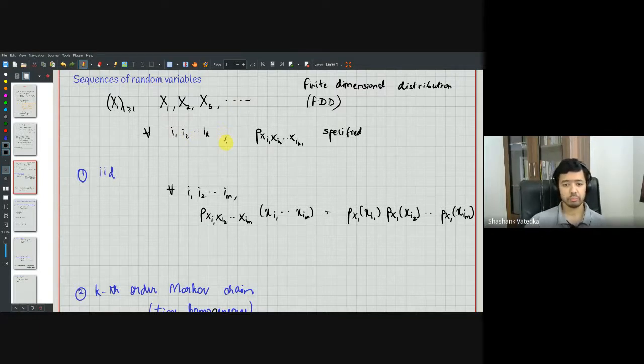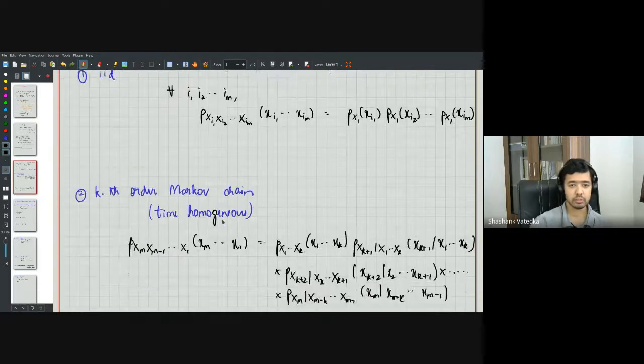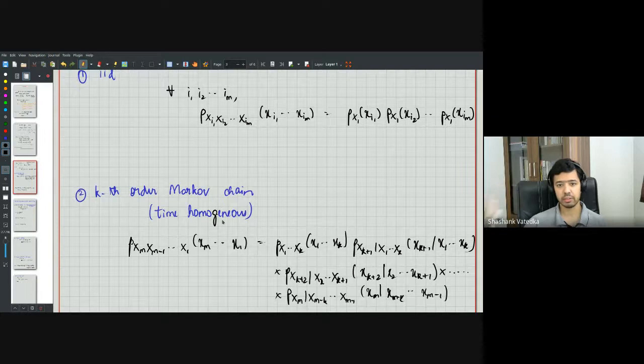Okay, and in particular, if you take any finite set of random variables and they are independent and identically distributed, then we say that the sequence is independent and identically distributed. So this sort of captures random variables which are memoryless. Whenever we talk about memoryless systems, we're essentially talking about IID random variables.